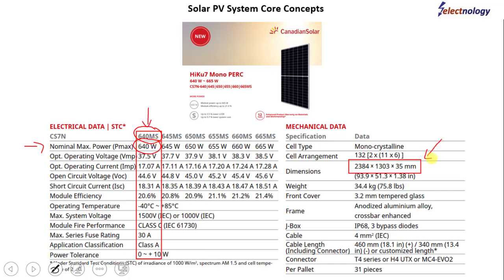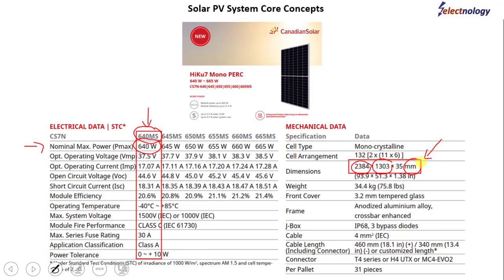Here the size of the PV module is given: 2384 is the length and 1303 is the width, in millimeters.